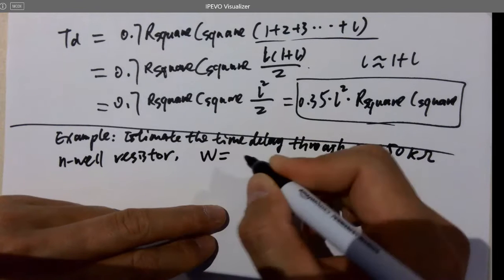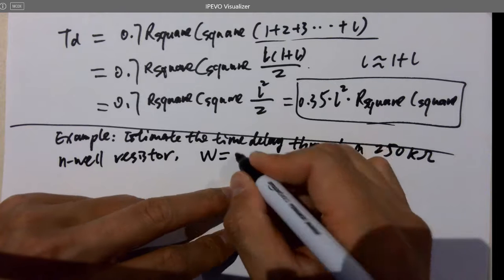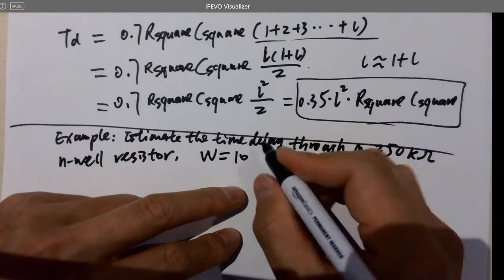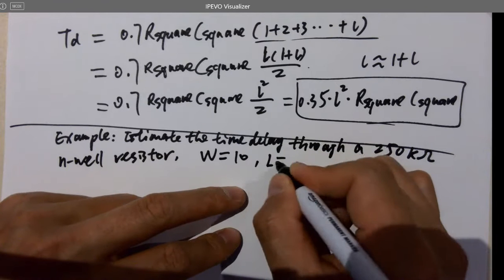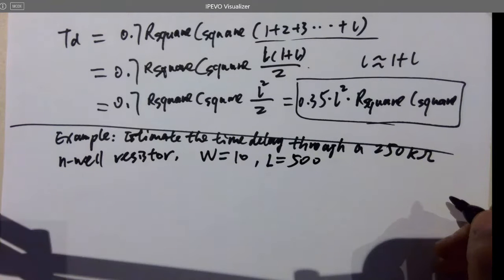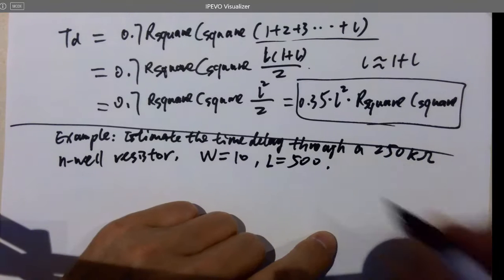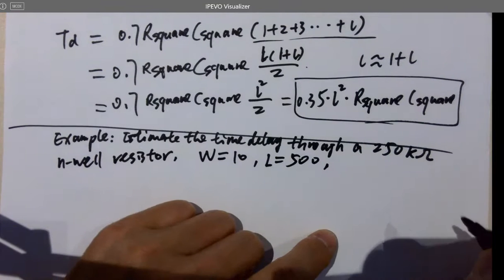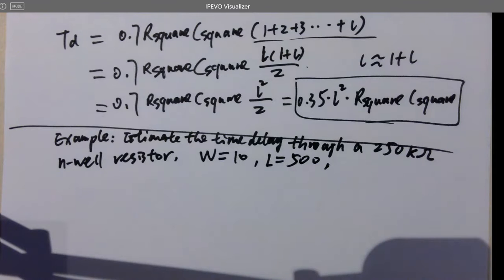So the width is 10, the length is 500. They're asking which technology you are using, like 1 micron, 50 nano, or 180 TSMC. Does that matter?